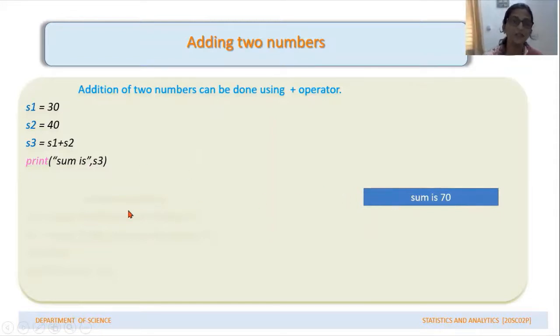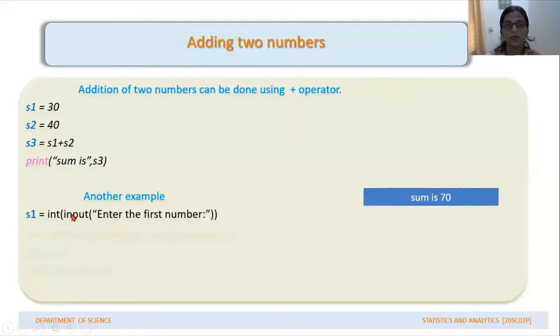Now there is another way to add two numbers. Here in this section, we have given the numbers within the program, but there is another option where we can prompt the user to input the number he or she wants.